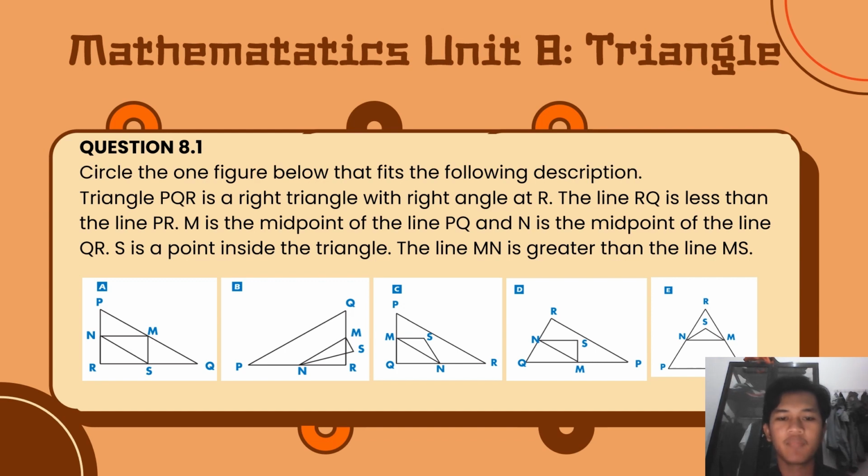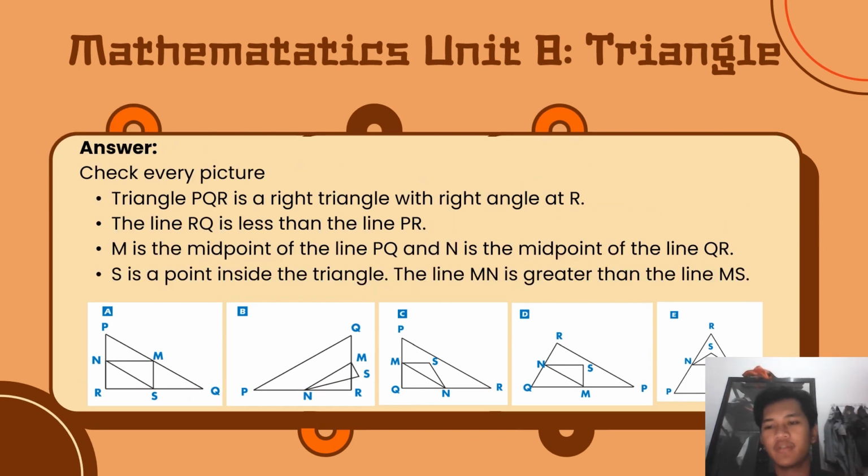M is the midpoint of the line PQ and N is the midpoint of the line QR. And S is a point inside the triangle and the line MN is greater than the line MS. So we should pick one figure that fits the description.